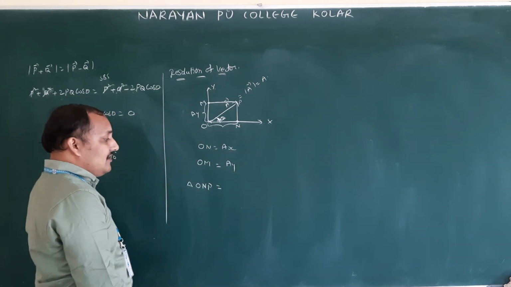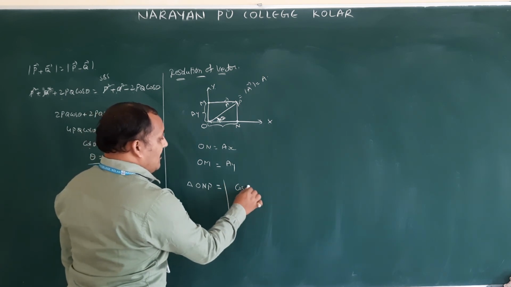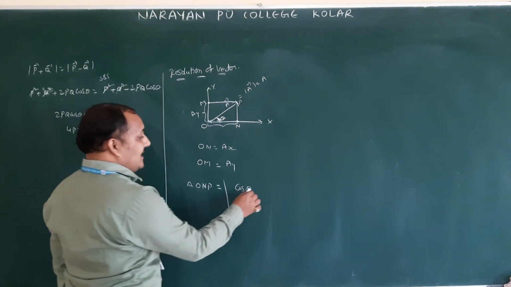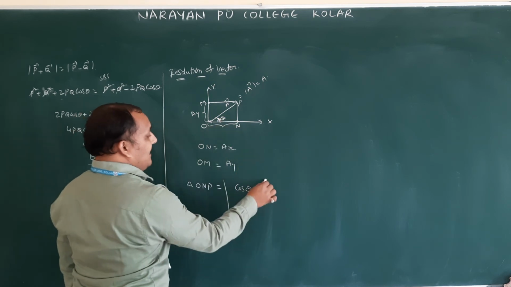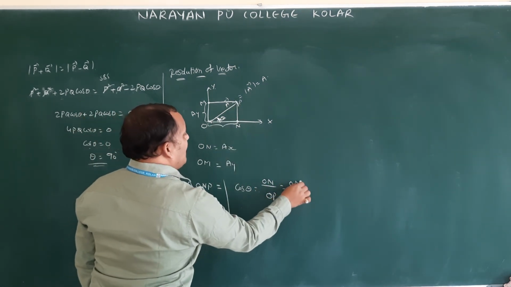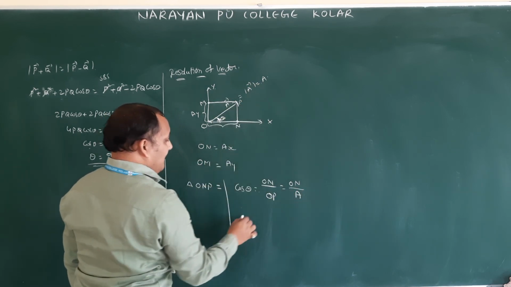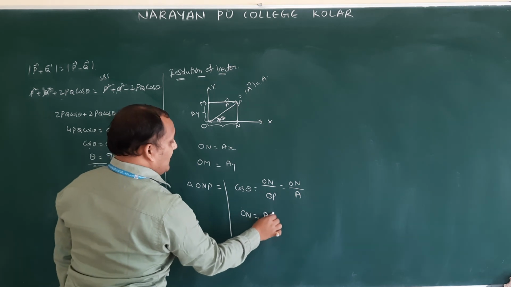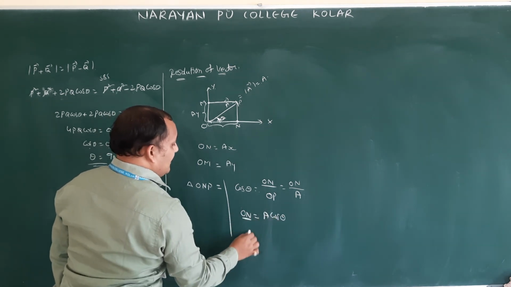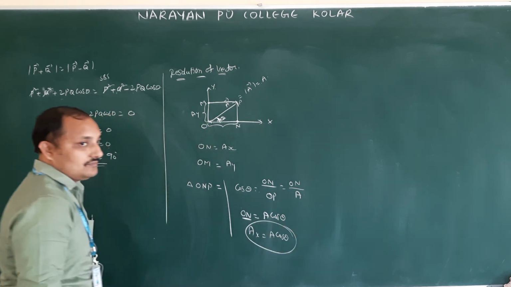Adjacent side means which trigonometric function we have to use? Cos theta. Then cos theta is equal to adjacent side by hypotenuse, ON by OP, the length of this vector, that is nothing but A. Then ON is equal to A cos theta. This one we will write as AX equal to A cos theta.